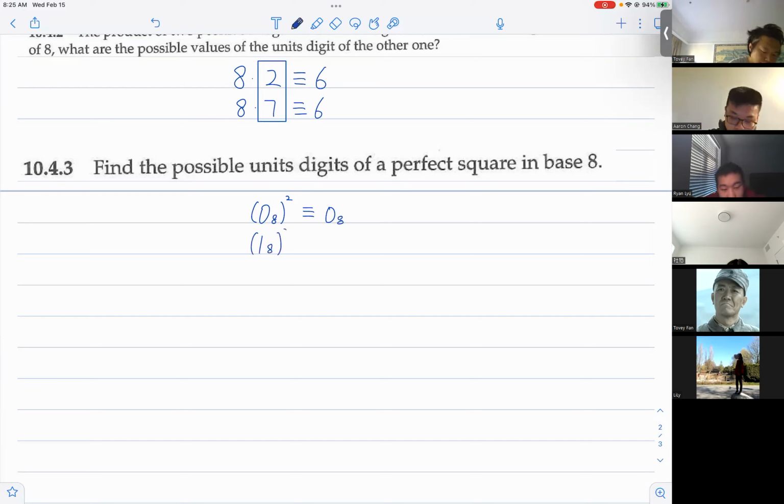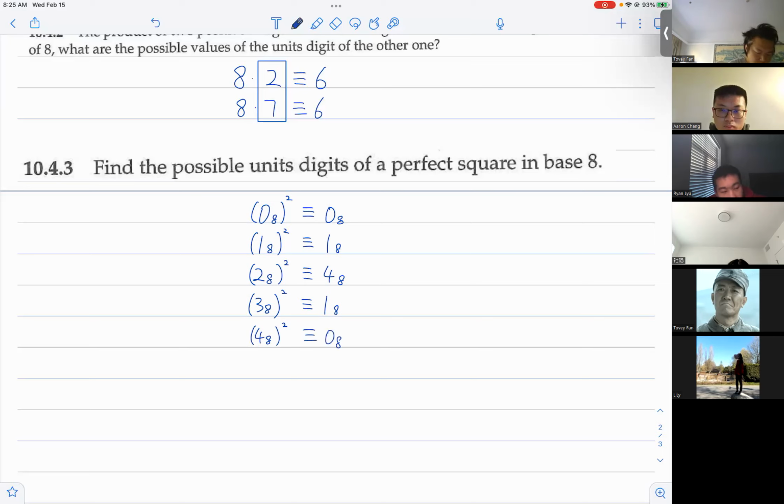Yeah, so 1 squared is 1. Yeah, this is 1. 2 squared is 4. Mhm. 3 squared is 1. Yeah. 4 squared is 0. Mhm.